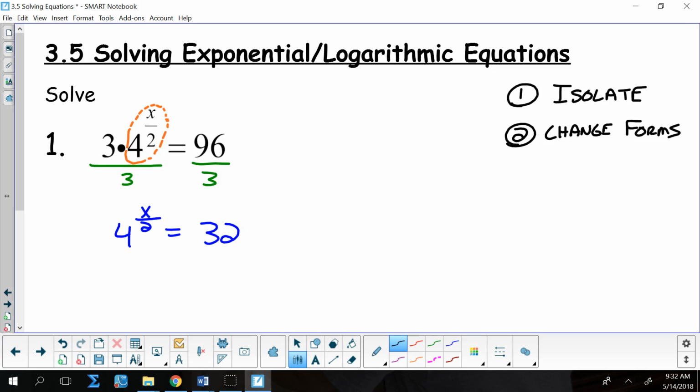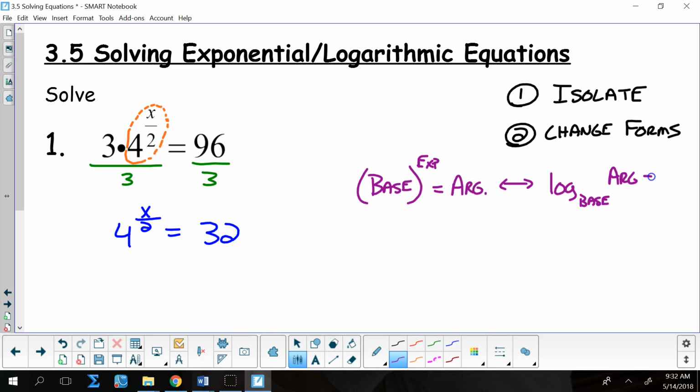On Friday, you wrote this down on the front side of your blue packets, and hopefully this triggered some synapses in the old brain: when you've got an exponential, base to an exponent equals argument, that is the same thing as log of that base of the argument equals the exponent.